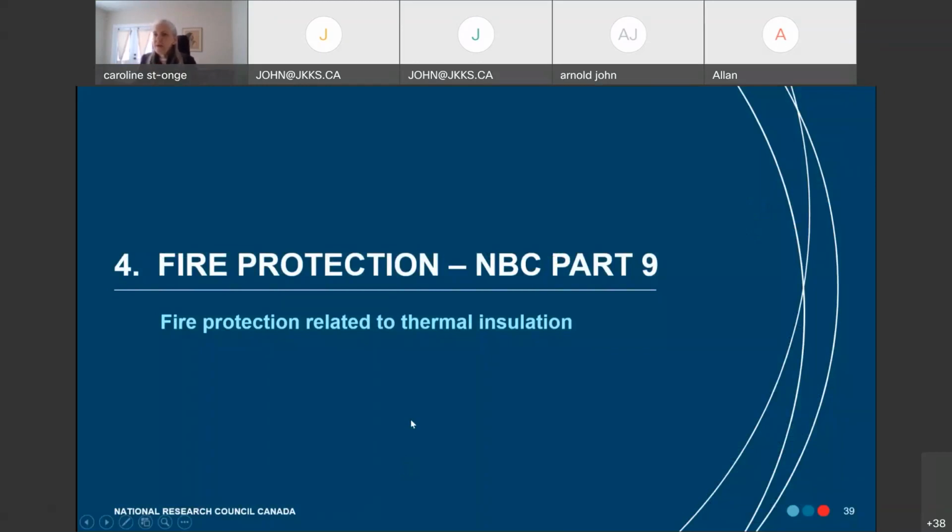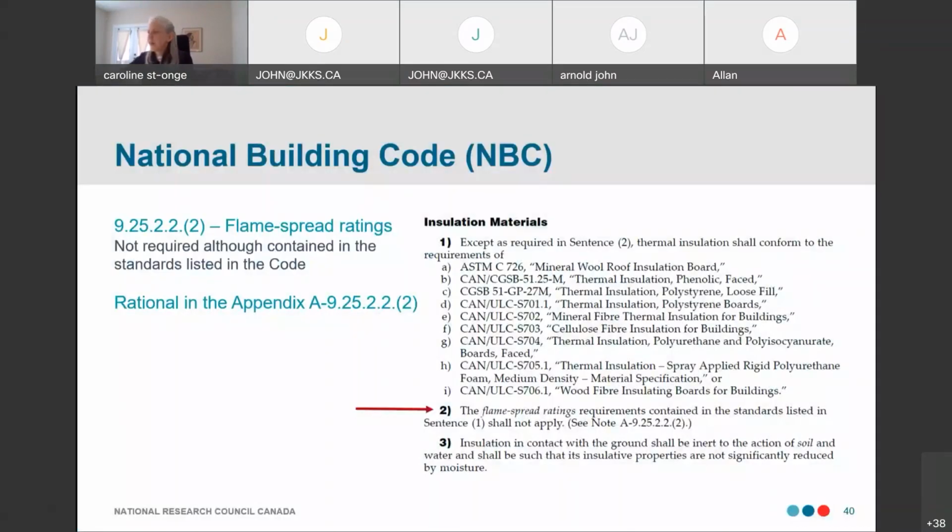So under segment number 4, I will go over a few requirements related to fire protection under Part 9 for thermal insulation. The National Building Code mentions under sentence 9.25.2.2.(2) that the flame spread rating requirements contained in the standards listed in sentence 1, that we looked at previously, shall not apply.